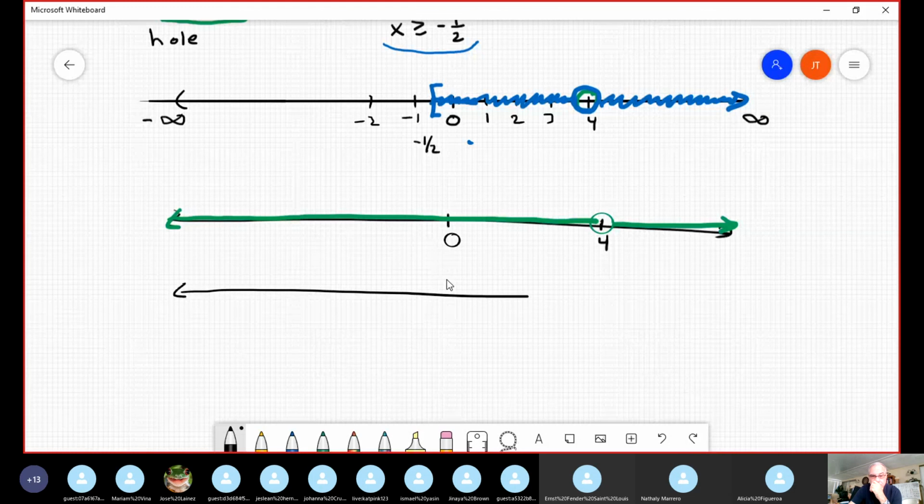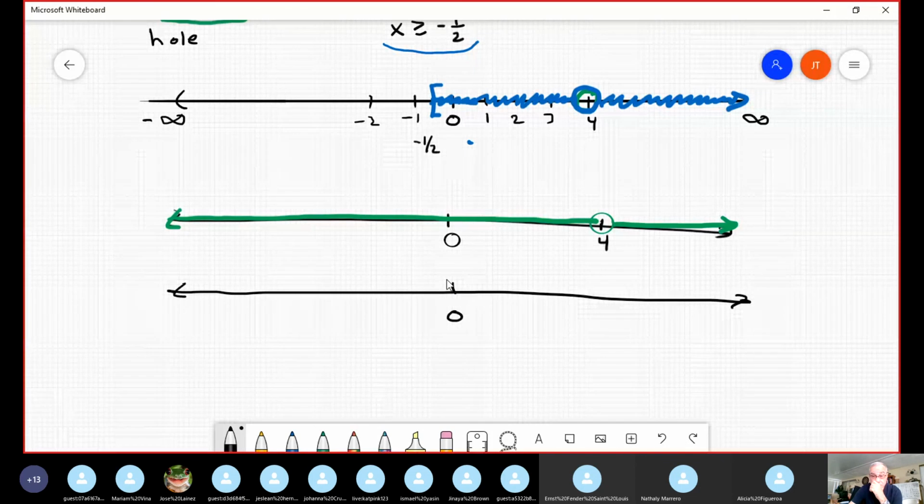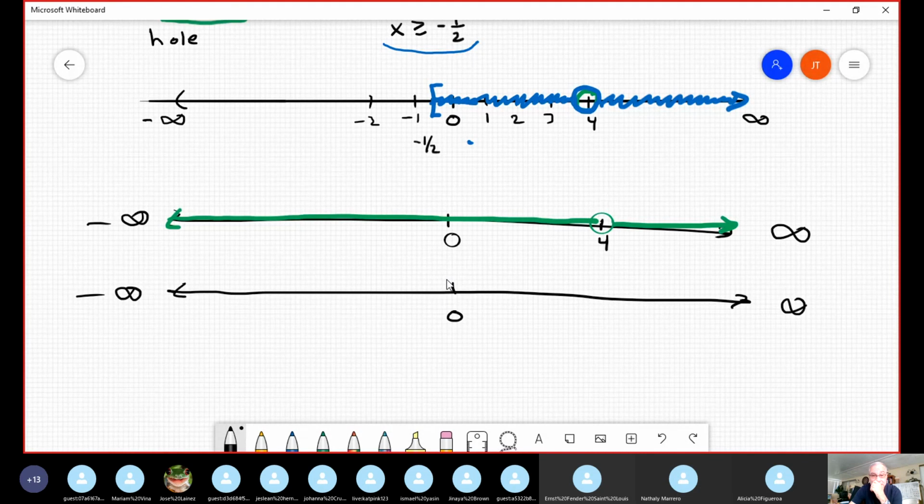In another line, we have zero again here, positive infinity, negative infinity, and exactly negative 1/2 is here. We have this interval.